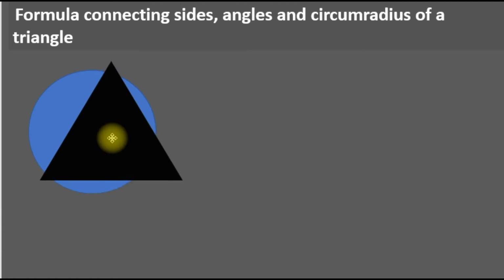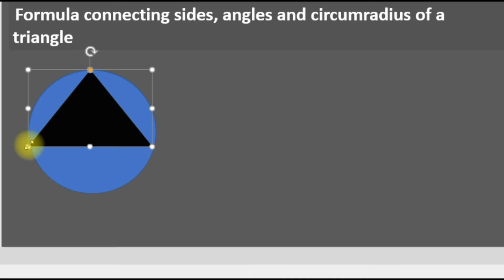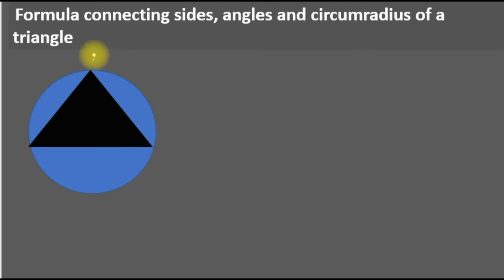So assuming you have a circle and a triangle, so assuming triangle A, B, and C is inscribed in this circle, let the radius of the circle be R. So if I take the radius of the circle to be R, I want to get the formulas relating the sides and the angles.